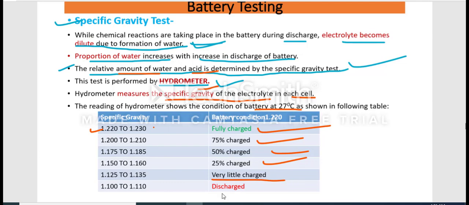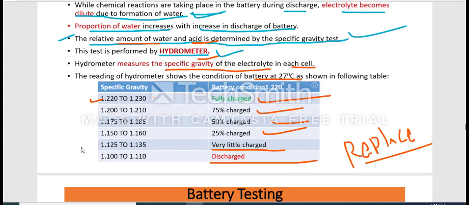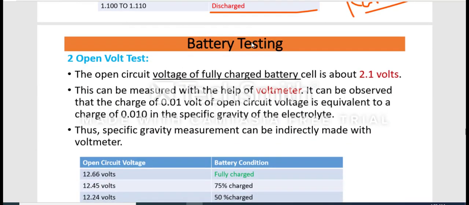Then if the hydrometer shows 1.100 to 1.110, you need to replace the electrolyte because your battery is fully discharged. So according to this value, we can take the decision about the battery maintenance.